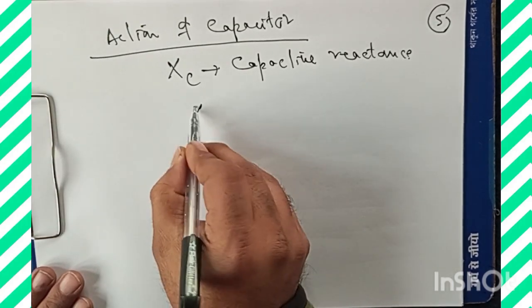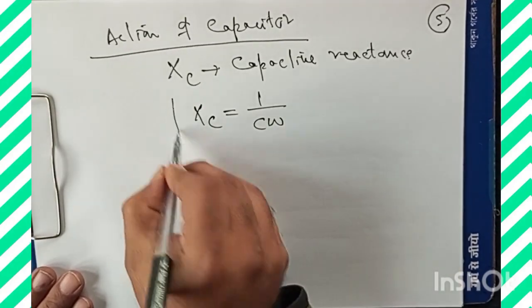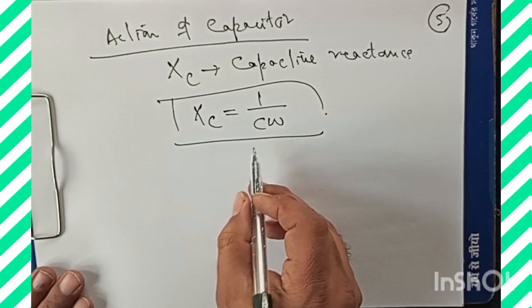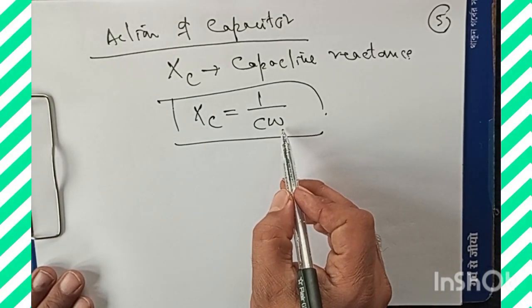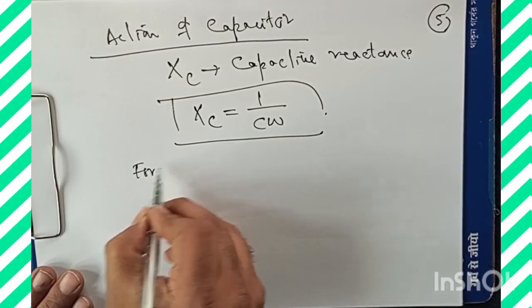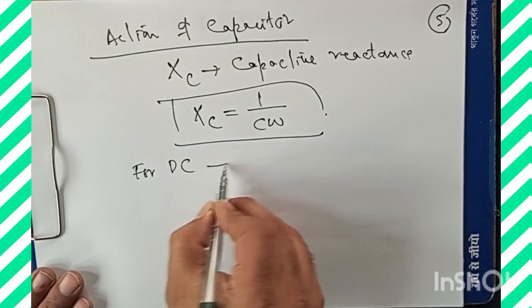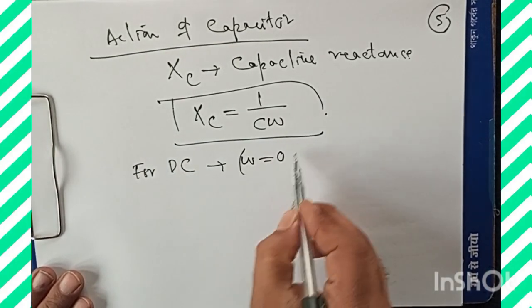Now we have XC equal to 1 by C omega. Right? Now C is the capacitance of the capacitor, and omega is the angular frequency. Now for DC, this omega must be 0, because it doesn't have any frequency.